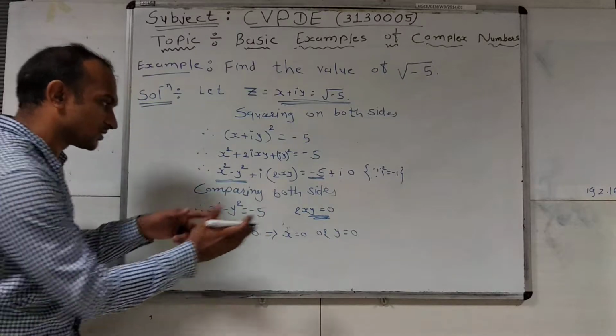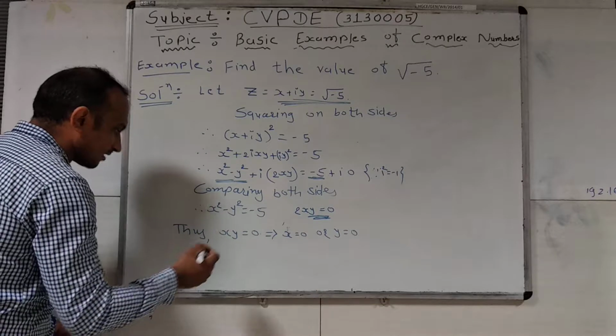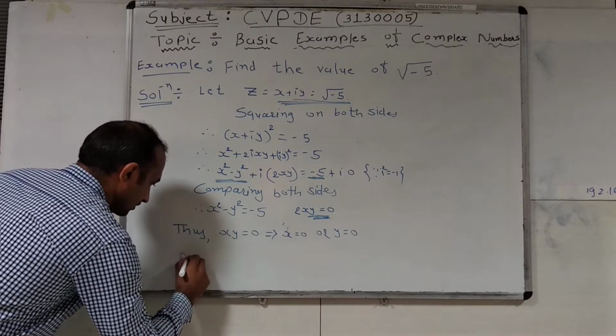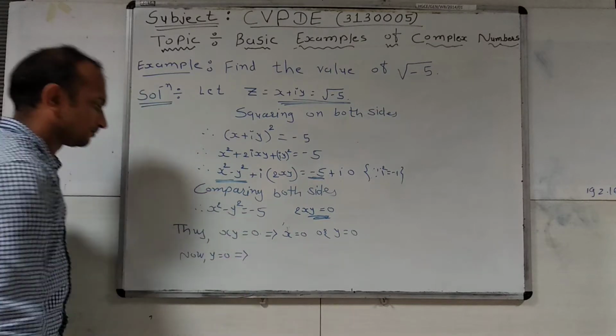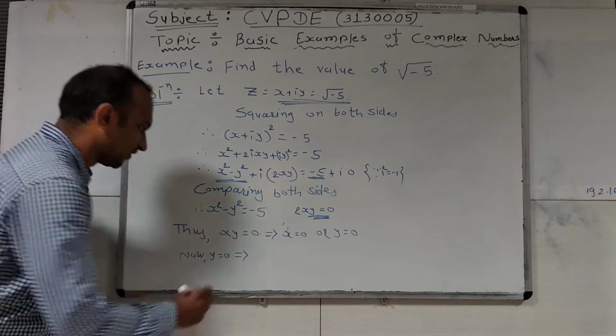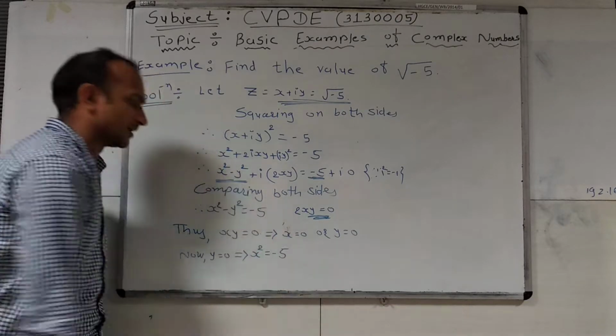Now we use these one by one in this form. First we take y equal to 0. With y equal to 0, we get x square equal to minus 5.